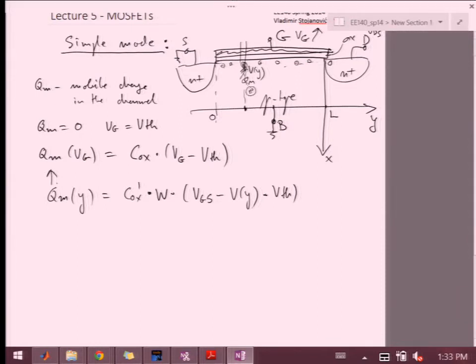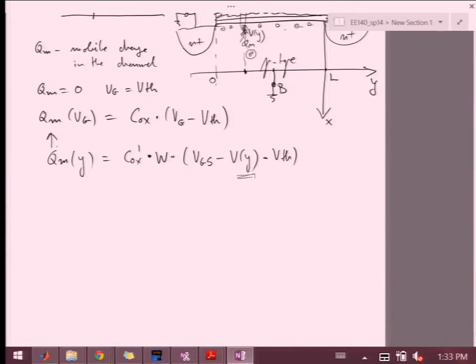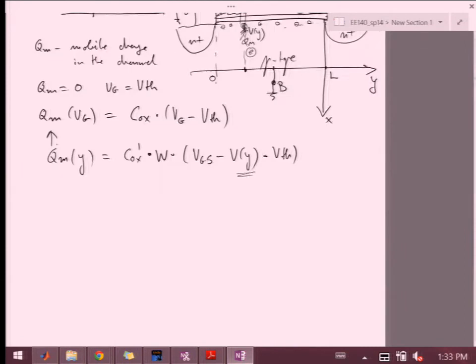What are the total number of electrons that are attracted to this point? In our normal capacitor, I didn't really have this lateral field that was changing the potential. I just had the gate that was controlling the inversion. But here I have this extra factor. And we'll see this is the extra factor that causes the current, or the electrons, to move across from source to drain.